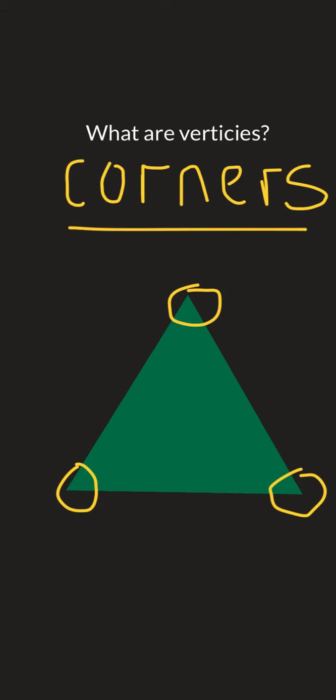One vertice is called a vertex. More than one vertex is called, you would say, vertices. So vertices is the plural. So if you're talking about one, it's vertex.